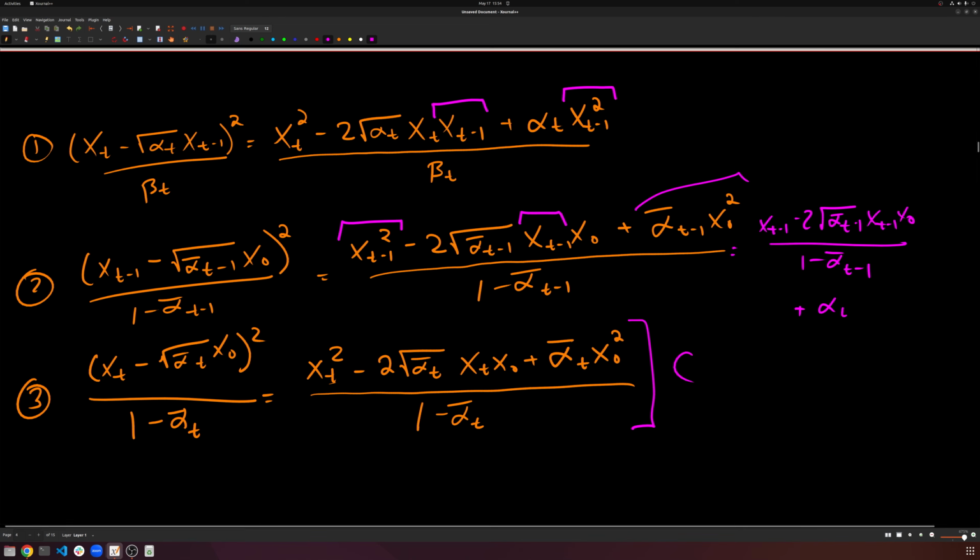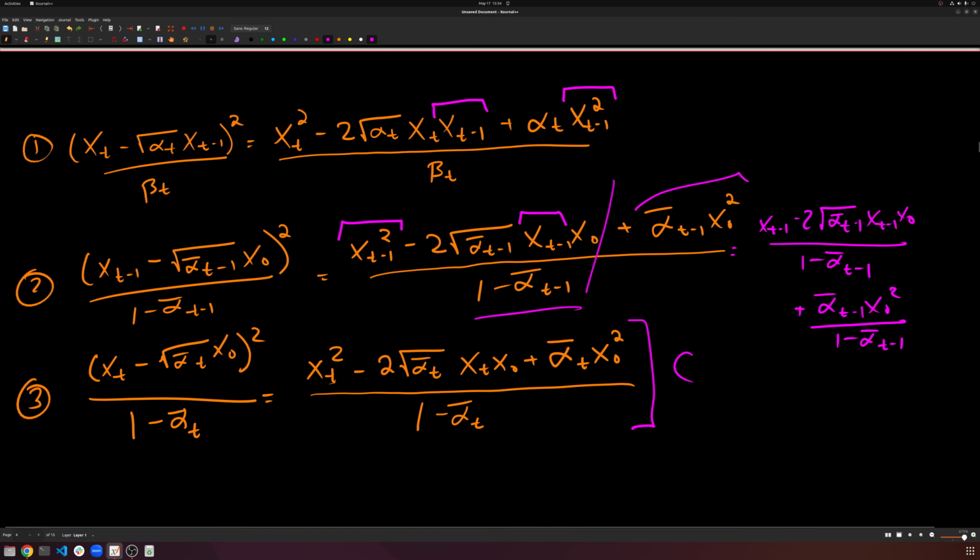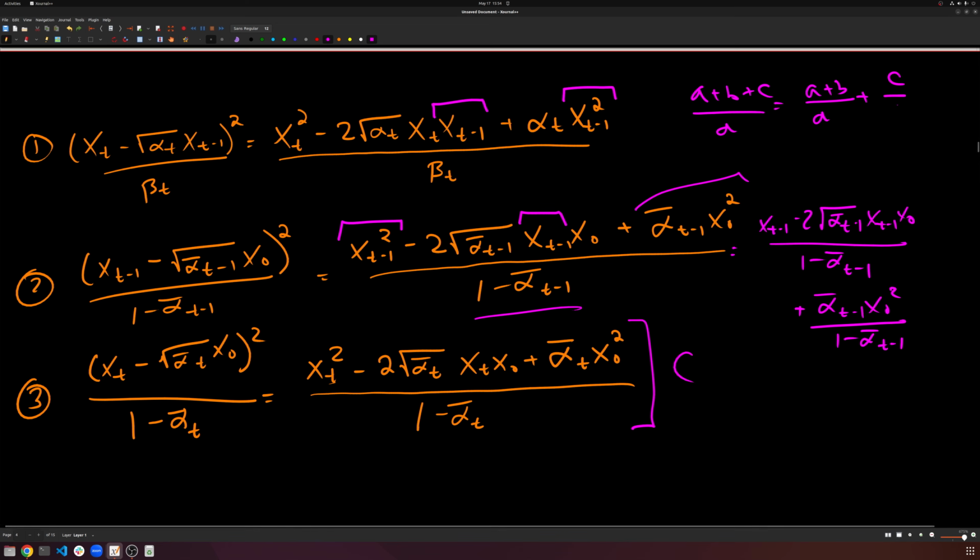It's going to be alpha hat t minus 1 x0 squared, again, over 1 minus alpha hat t minus 1, because I just took this denominator and I divided on these 2 terms first, and then I divided this term and just added them together, right? So that's fair game. Let's write basically what it is: a plus b plus c over d is equal to a plus b over d plus c over d. That's fair game. I'm allowed to do that.